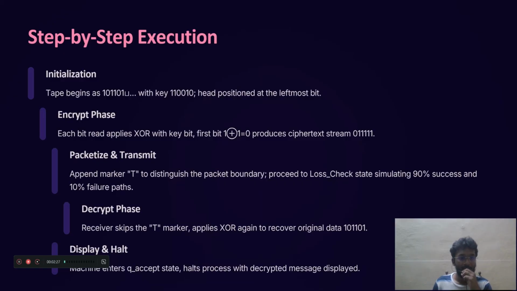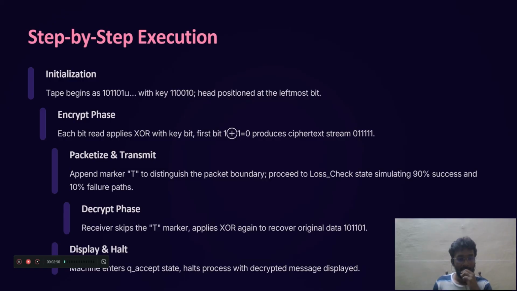So initialization: the tape begins with our input image and with a secure key that the sender and the receiver each has for secure transcription. Then we encrypt the tape with our key or hash as we call it using XOR. Then this is made into a packet and transmitted.